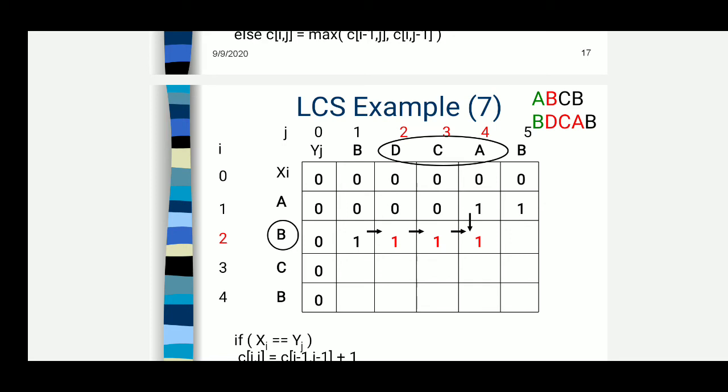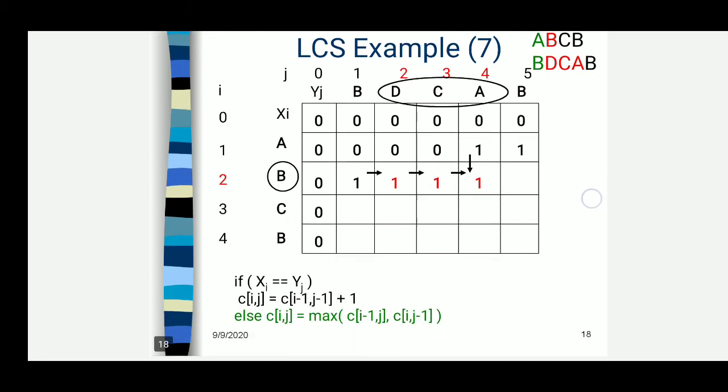Okay, so we take 1 from the left side, and in C[2,4] the immediate above and immediate left values are both 1. So we can take any value from there, but we should keep one strategy every time. So we will take it from the left side.